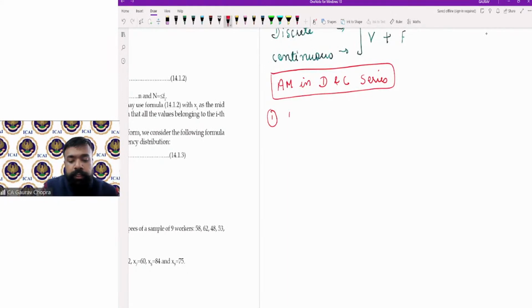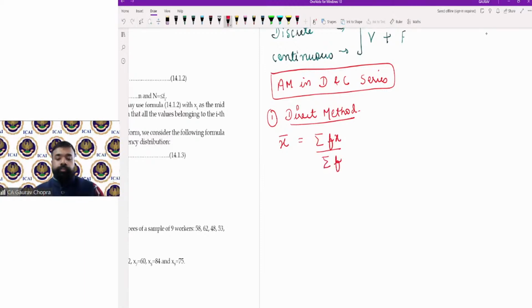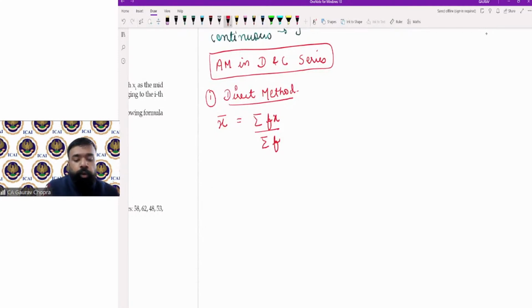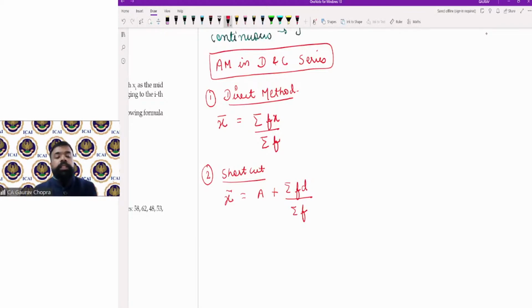The first formula is the direct method: x bar is equal to sigma fx divided by sigma f. The second formula is the shortcut method: x bar is equal to a plus sigma fd divided by sigma f.